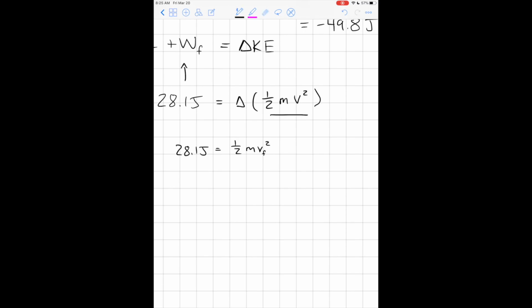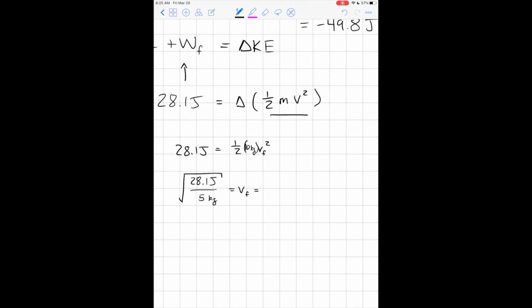I know m is going to be 10 kilograms, so I can now start to do all this. 28.1 joules divided by 5 kilograms, right, 1/2 of 10 is 5. Take a square root of the whole thing. You get v final.